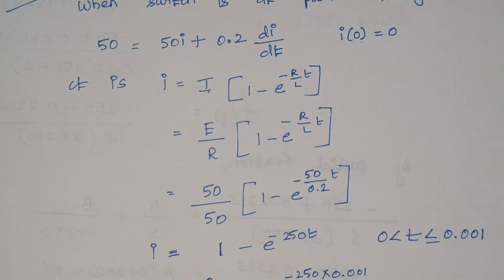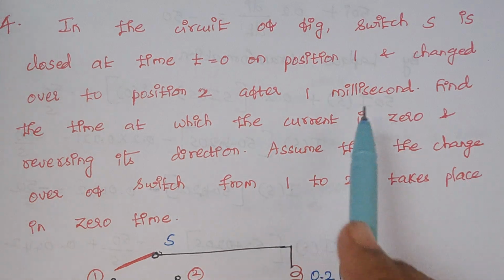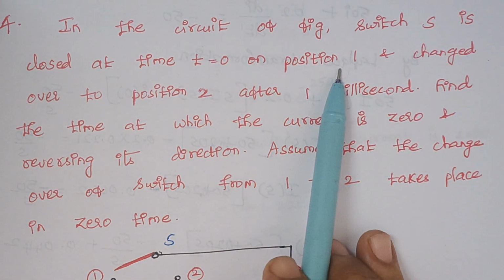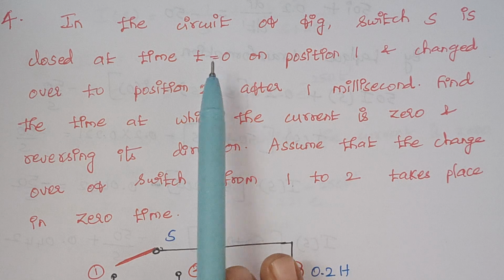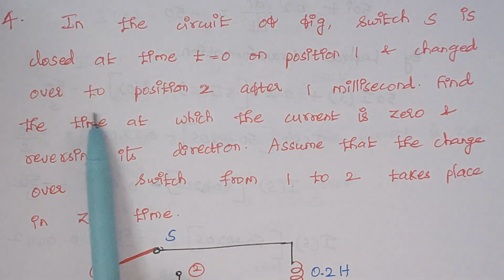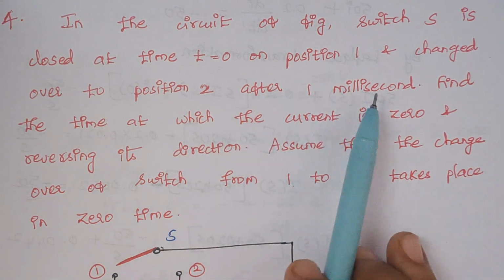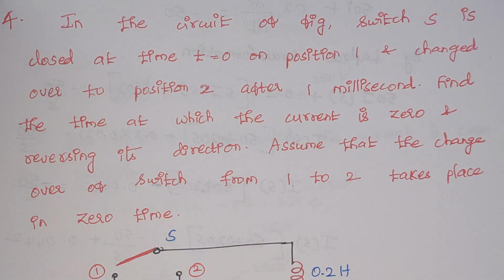So when you look at this problem, you see the switch is in position 1 at t equal to 0, and it is changed to position 2 after 1 millisecond. Okay, that is, for 1 millisecond the switch is in position 1. This is the thing which is indirectly said here.